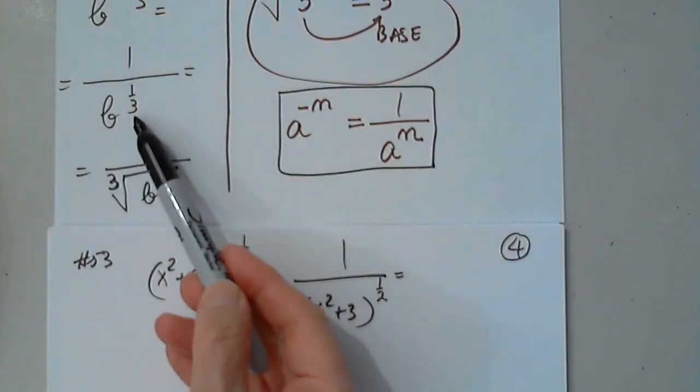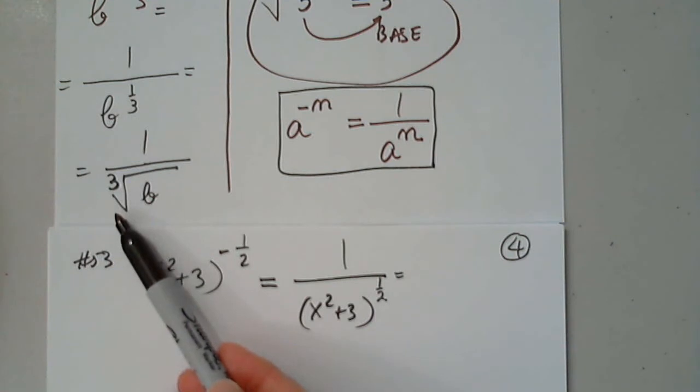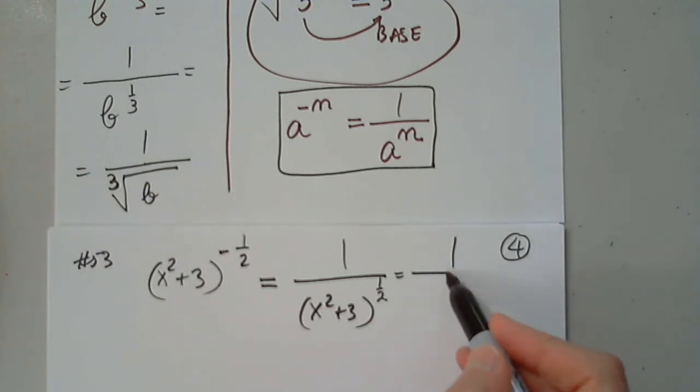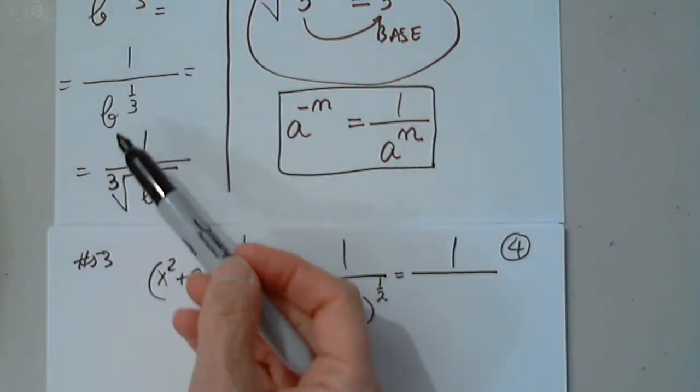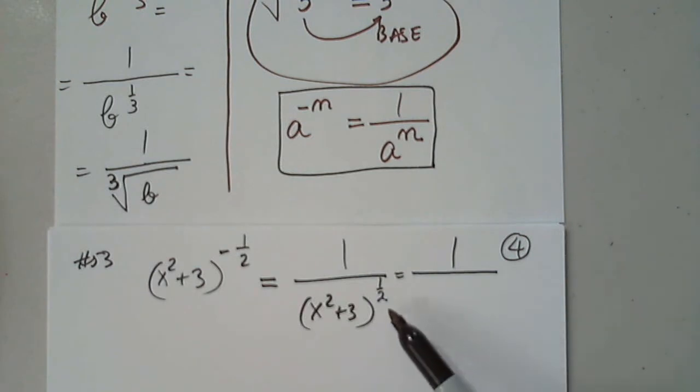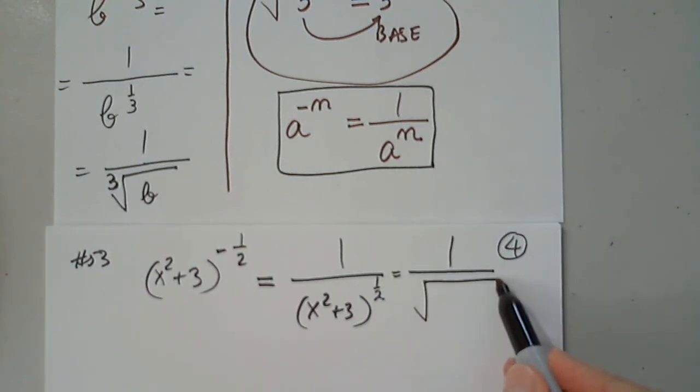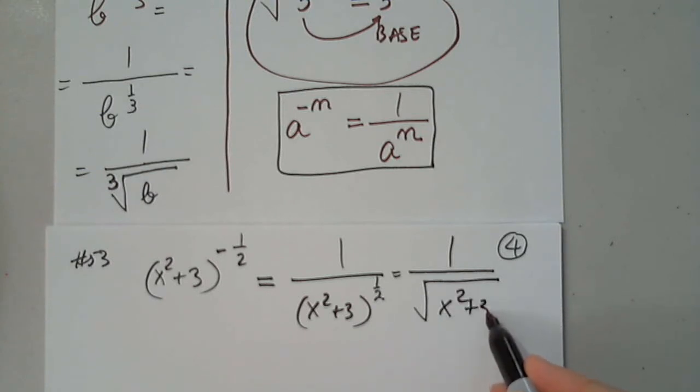I know now that power 1/3 is the cube root. What radical will be power 1/2? If power 1/3 is the cube root, power 1/2 must be the square root. That's it. Awesome. Is this okay with everyone? Yeah.